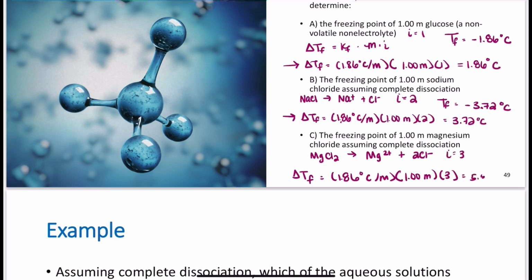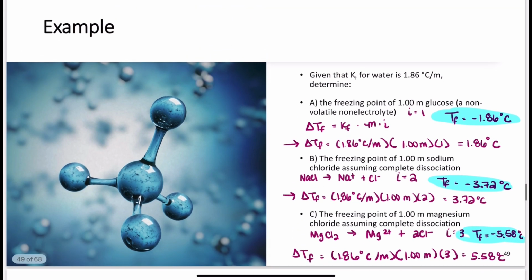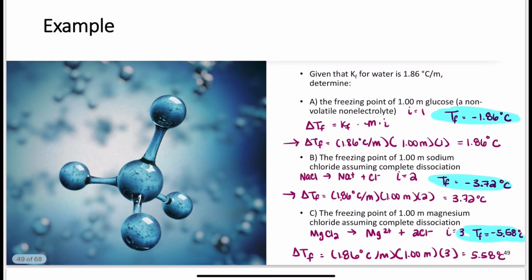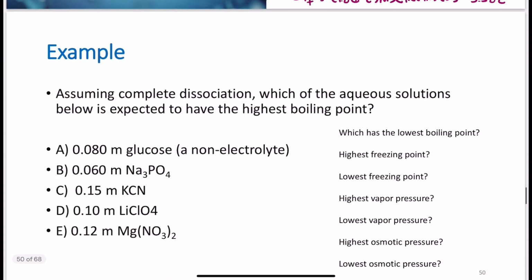This is 5.58 degrees C, but again, that's subtracting it from the freezing point of water. The freezing point of the solution will be negative 5.58 degrees Celsius. So again, negative 1.86, negative 3.72, and negative 5.58. What I find is it didn't matter what the solute was. It just mattered how many particles it was that was causing that solution to get more and more depressed, lowered more and more.